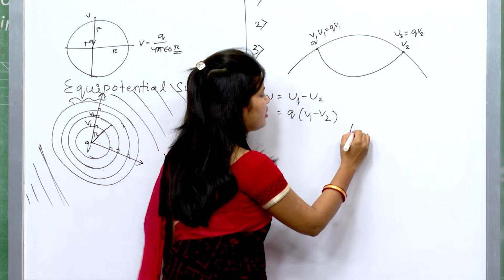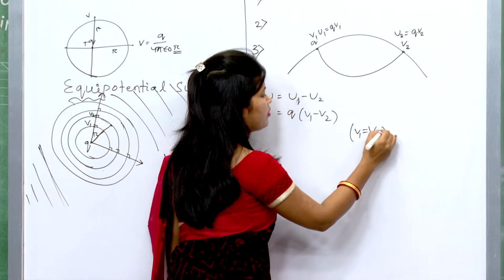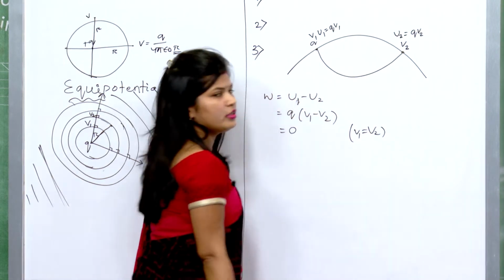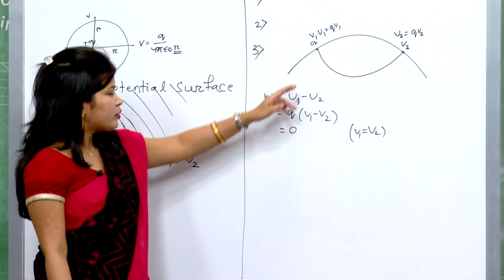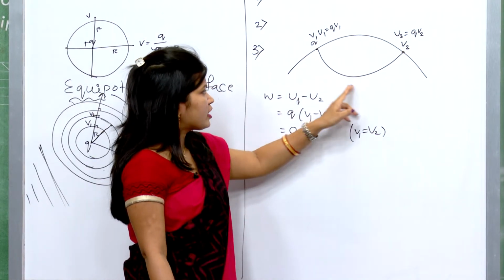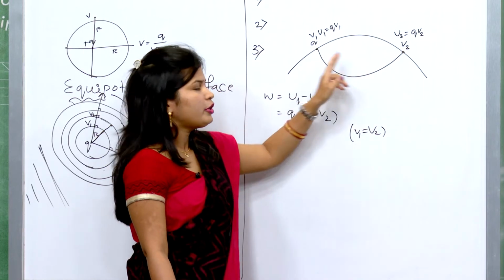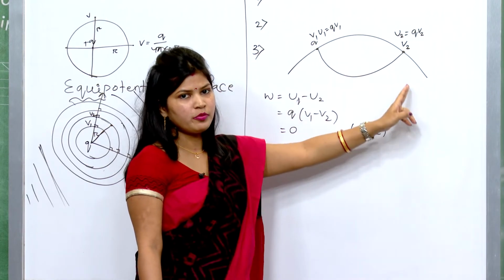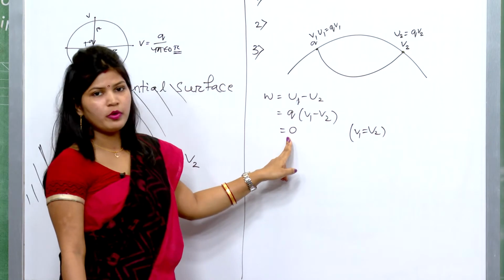So, V1 is equal to V2, that means our work done is 0. So, in carrying a charge from one point to another on equipotential surface, I have to do 0 work.